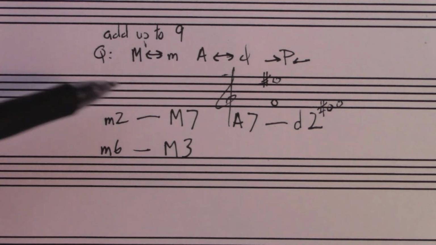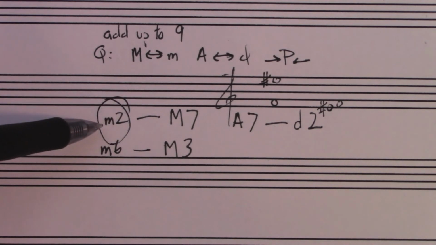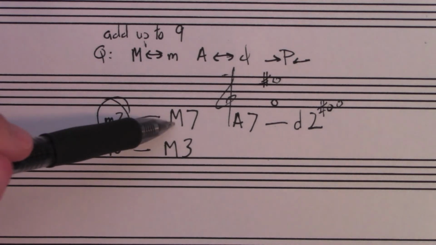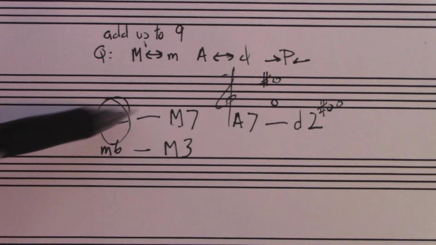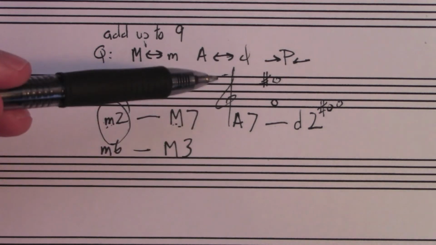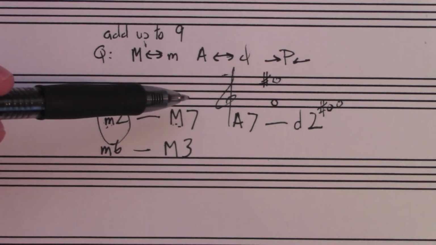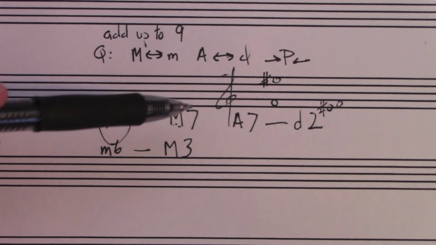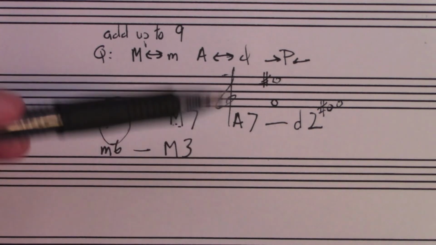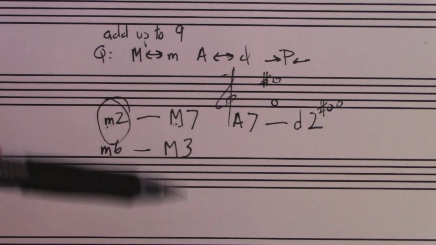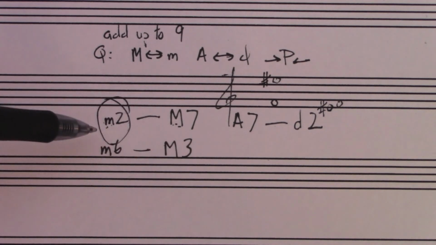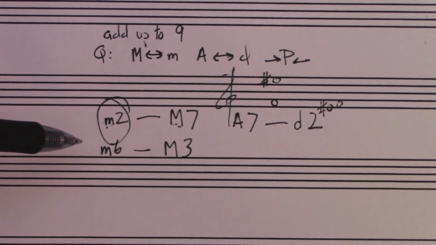If you can only remember all of the seconds, you can figure out all of the sevenths because they are going to be the inversion of the second. So for example, if you know that C to D is a major second, well then you know that the seventh D up to C is going to be a minor seventh because it's the inversion of a major second.